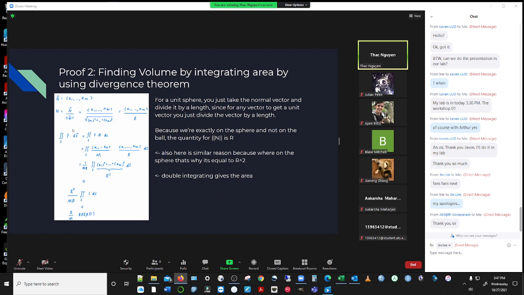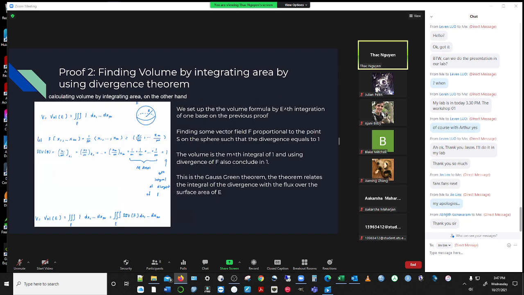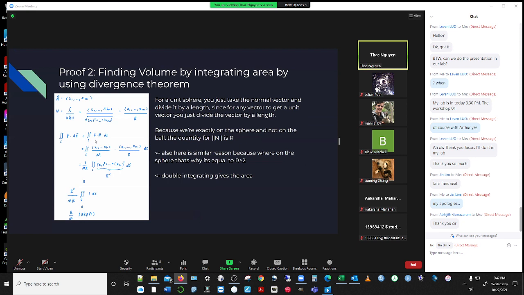We can then substitute it into the earlier integral formulation of the divergence theorem, which gives us the double integration over S of F dot n dS. Since F is already (x1, ..., xm) over m, and n is (x1, ..., xm) over r, as above, we can put 1 over mr to the front, which gives us the dot product of the vector with itself, x1 squared all the way to xm squared, dS, which is r squared if we look at the n formula.